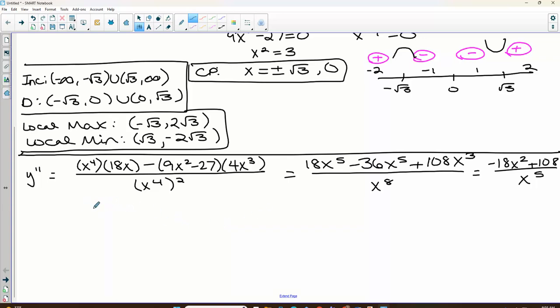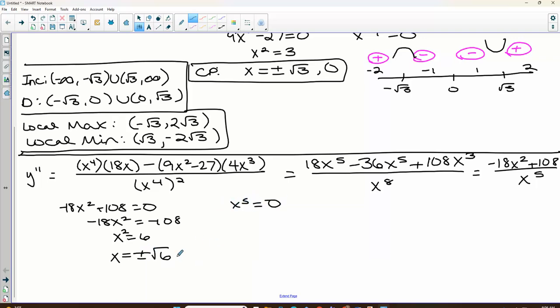So to figure out when it's 0, you set the top equal to 0. So plus and minus the square root of 6. Or when it's undefined, which is when the bottom is 0, which is still 0.